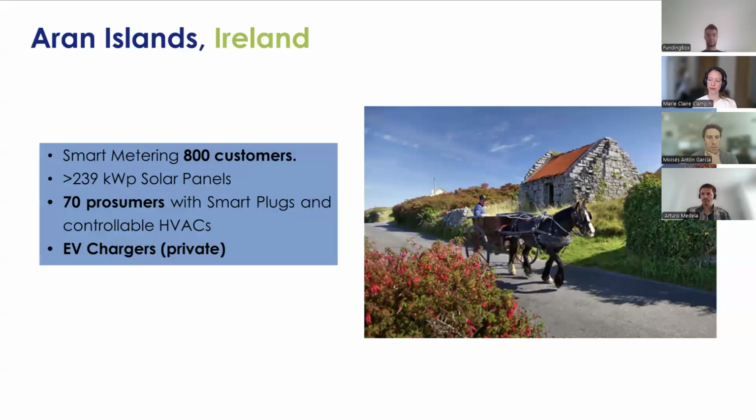And we also have electric vehicle chargers for private use, and we have a community of 70 prosumers. The goal of this community is to have some accessibility and controllability over the different small smart houses that we have in this project. Next slide, please.